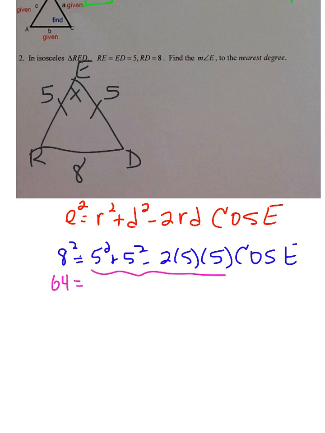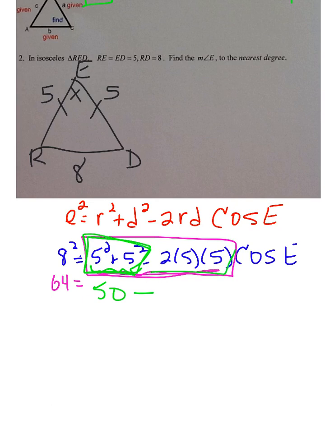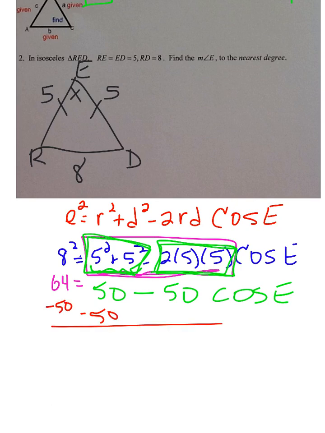You cannot plug that whole thing in. So what you can plug in is this piece here, 5 squared plus 5 squared. So that's 50 minus 2 times 5 times 5, which is 50, cosine E. You cannot subtract 50 and 50 because of the cosine E. So we subtract 50. 14 equals negative 50 cosine E.